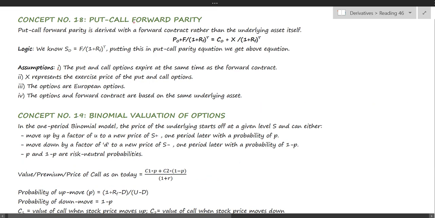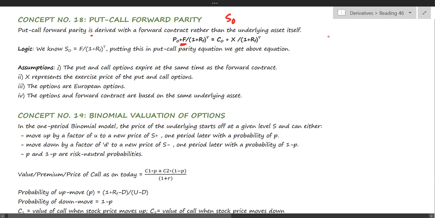Concept number 18, put call forward parity. This equation is similar to the one that we have seen in the put call parity case. The difference is just that instead of the spot price, now we are using a forward price.